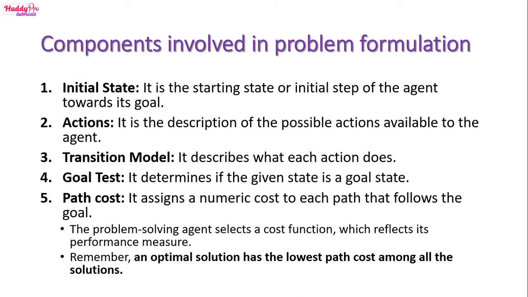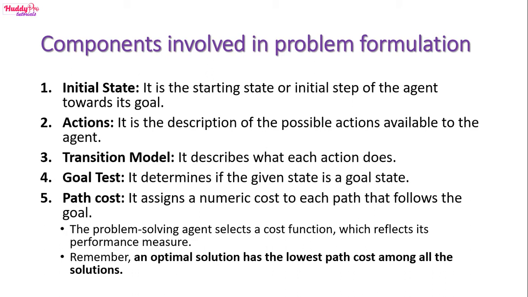The initial state, as you may think, is the starting state of the agent that it undergoes to achieve a certain goal. Then the actions, these are the possible actions. It's the description of all the possible actions that are available for the goal-driven agent.